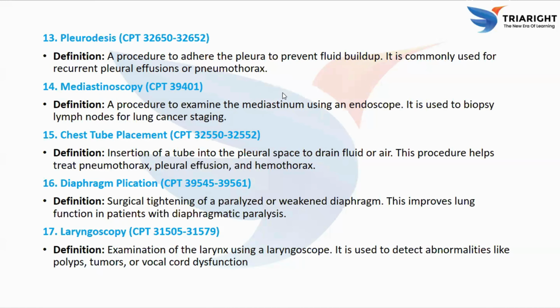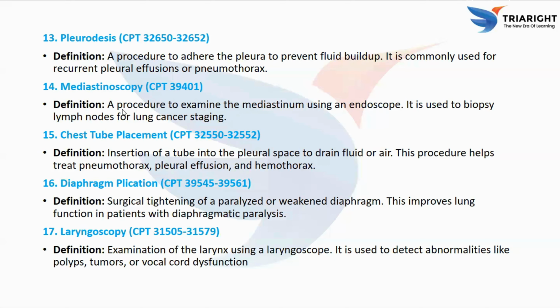For recurrent pleural effusion or recurrent pneumothorax. Pleurodesis is a prevention, but it is not a drainage. It is often performed after the chest tube placement. And do not confuse pleurodesis with thoracentesis.